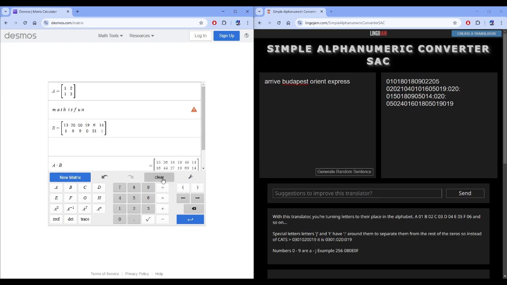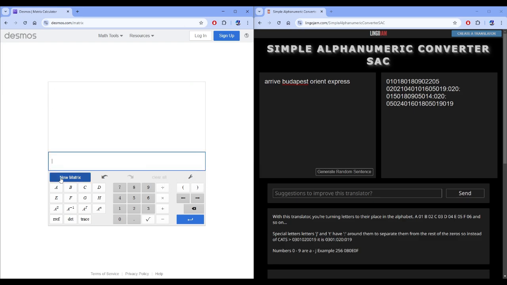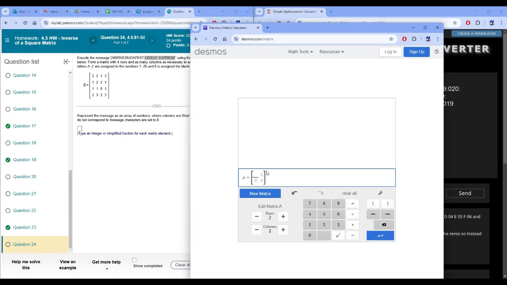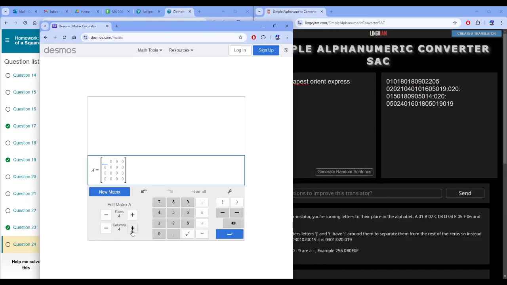So let's just clear all this. A new matrix. Oh, what's B? B is a 4 by 4. Let's make this one B. No, I'm going to make it a 4 by 8. Rows. Oh, I gotta do 6? I can only do 6.